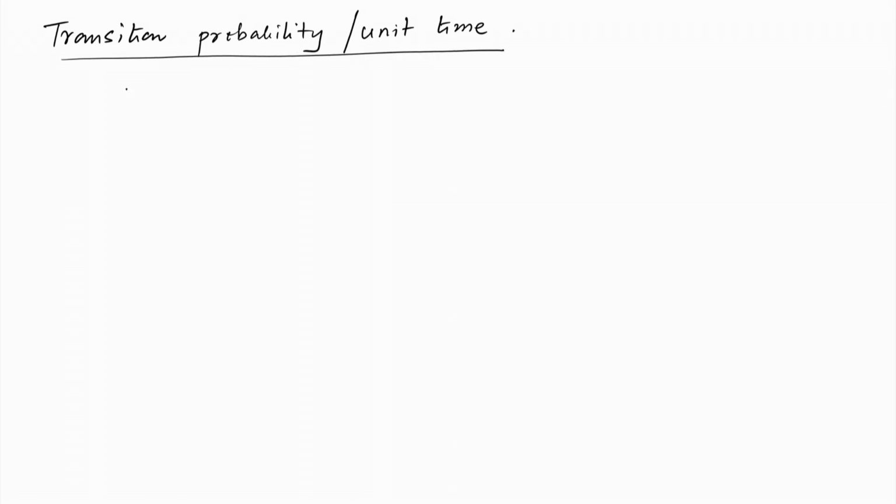So, let us introduce that we are interested in talking about the transition probability per unit time, which is equal to 1 by T_0, and then we have |C_m(T)|².